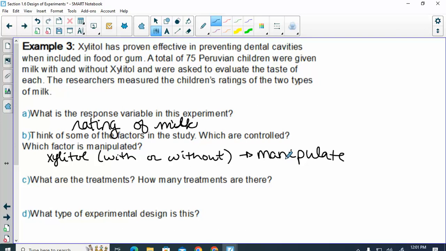What other factors might there be? Is there anything else that could have an impact? Hygiene. Okay, so we would want to make sure the milk is cold and in clean cups, those kinds of things. Do you think it would matter if every child I gave the regular milk first and then the one with xylitol after?